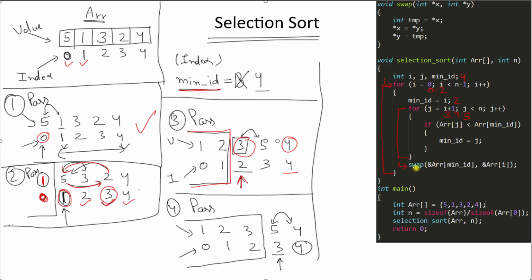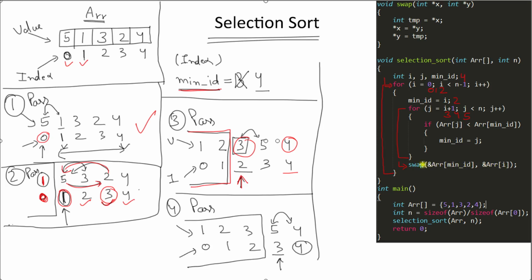We'll hit this swap function after that, and we will swap minimum ID with array of i. So minimum ID is 2 and i is also 2. So we will end up swapping 2 with 2. This is an extra swapping which should not happen.